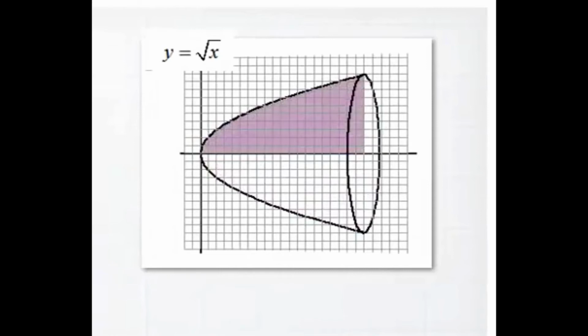Where is it revolving around? In this case, the center was the x-axis. So the radius would be from the function square root of x to 0, right? y equals 0. Okay, so that's what we have to do first. That's what they're talking about when they say radius.